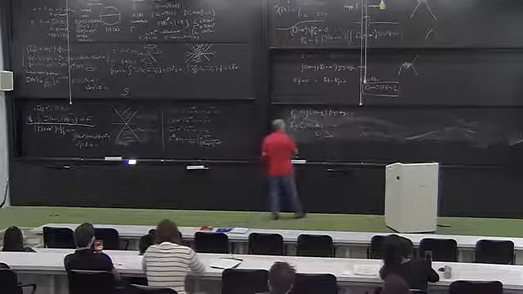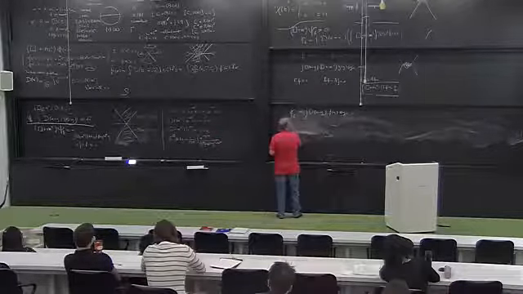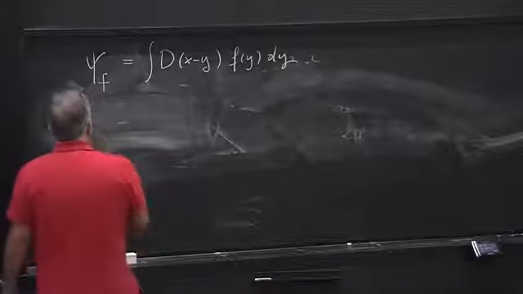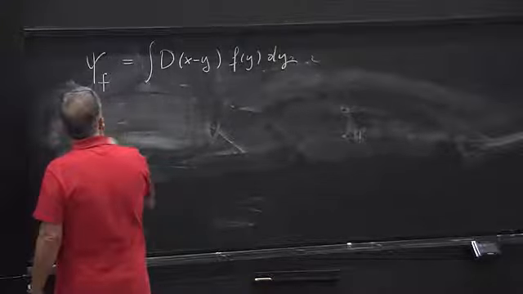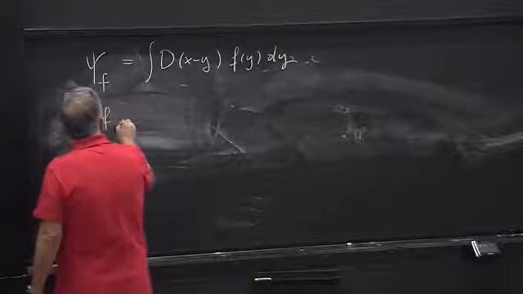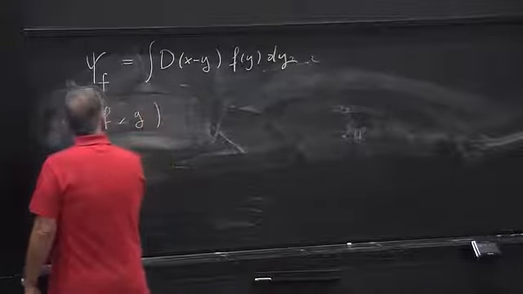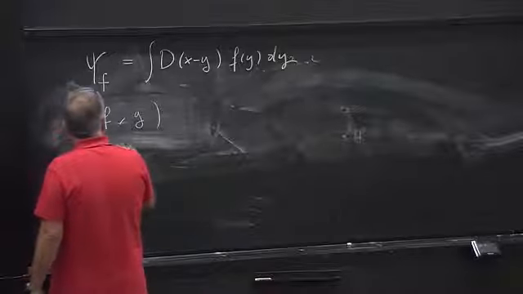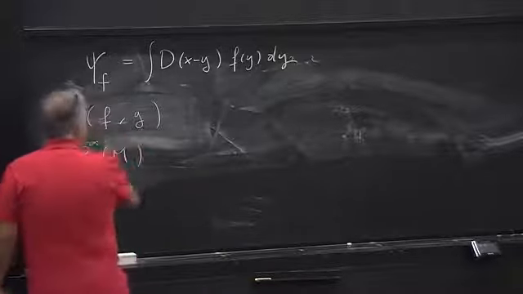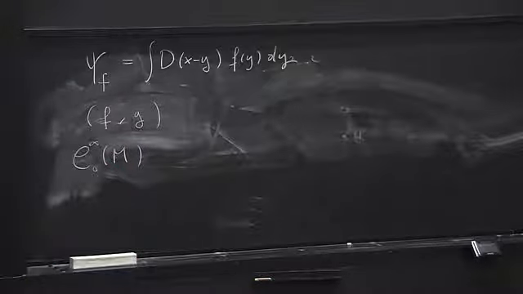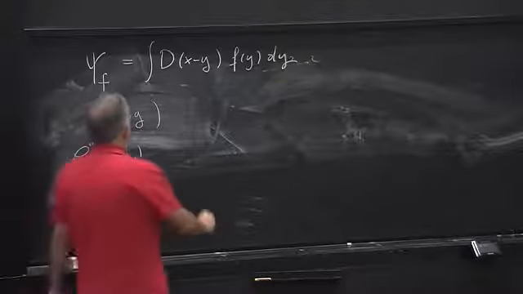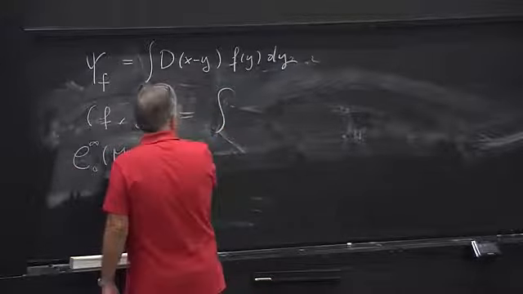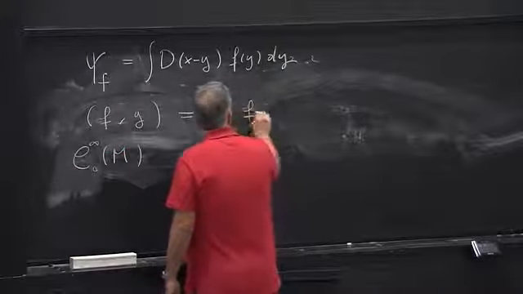Now, let's introduce an inner product in the space of such compactly supported functions, which is just, let's say, for instance, real functions.